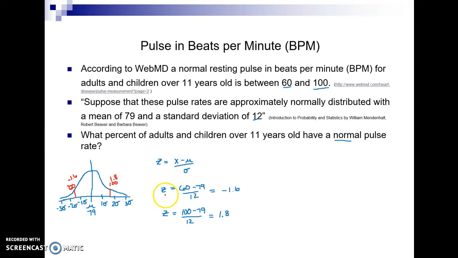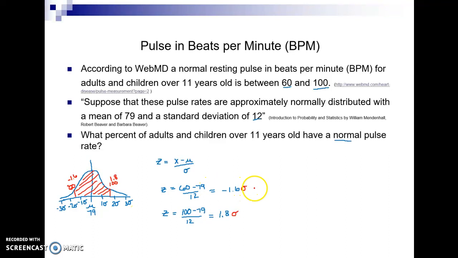It's important to keep in mind that when I'm finding a z-score, the labels on these are standard deviations. That's how I'm able to find those spots on the axis, which is labeled in standard deviations. In the context of my problem, I want to know the percent that's in between here because it asks me for normal, and we understand normal to be anywhere from 60 up to 100.